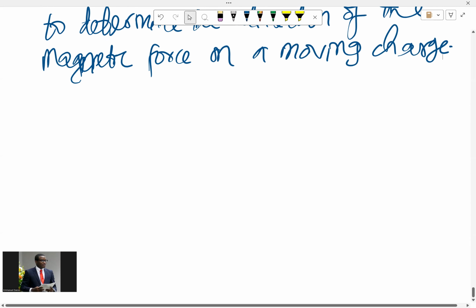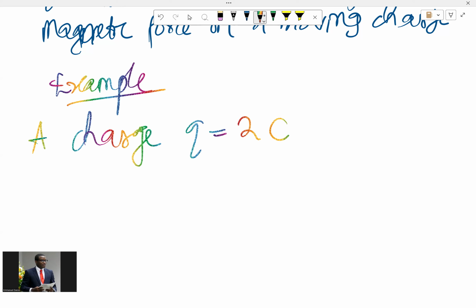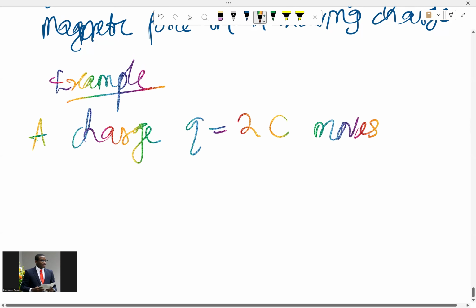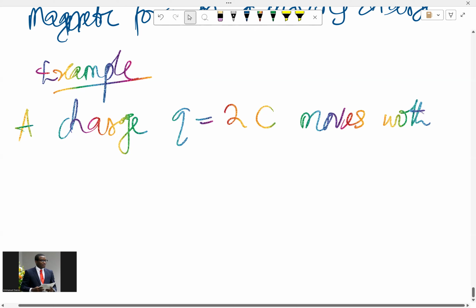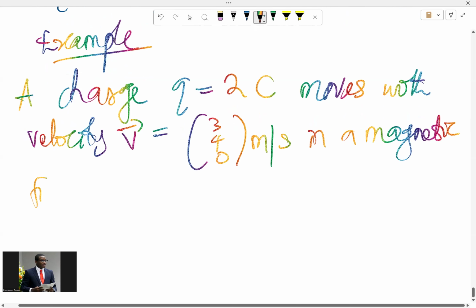So quickly, we have this example: a charge Q, which is 2 coulombs, and of course a charge is a scalar quantity, moves with velocity V, which is given by 340 meters per second in a magnetic field B, which is 0.05. I think that's measured in Tesla also.